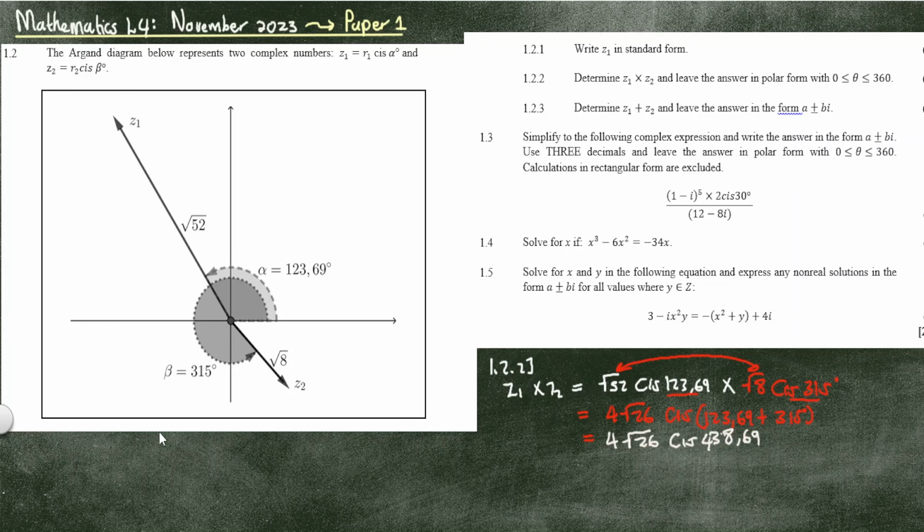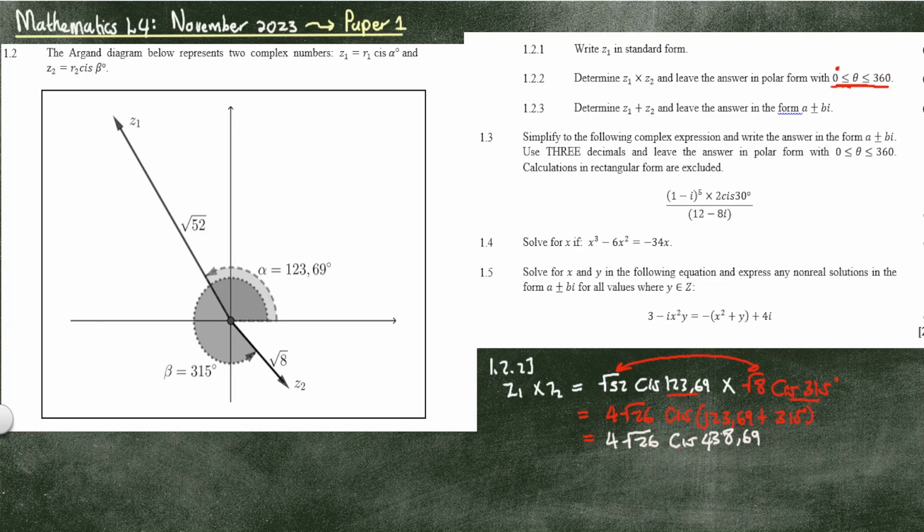But wait. The question says the argument should be between 0 degrees and 360 degrees. Our argument is 438.69, which has gone past 360.